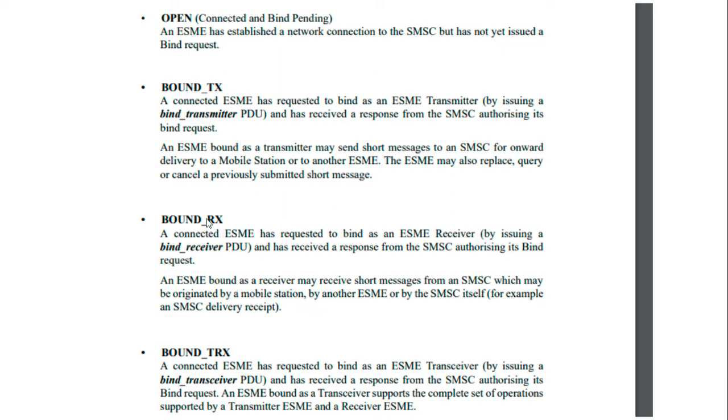Another is bind_receiver, which can receive only SMSs. And another is bind_transceiver, which can both send and receive SMSs. So these are three different kinds of ESMEs possible. While sending the bind request, you can define what kind of bind you are doing with the SMPP server.